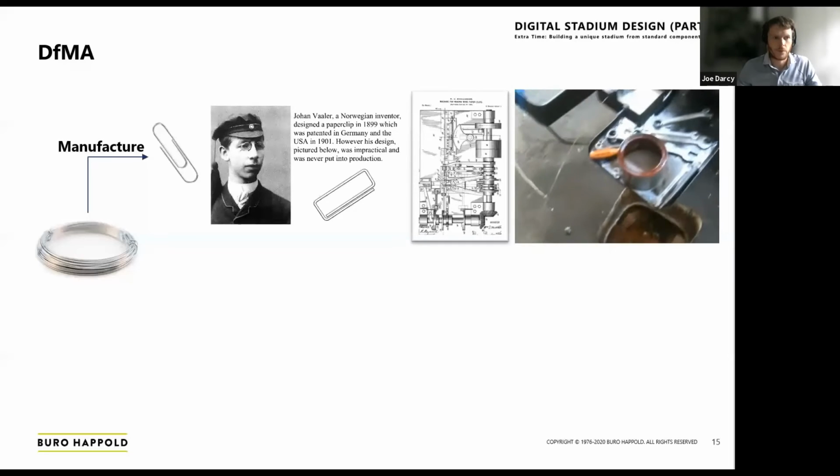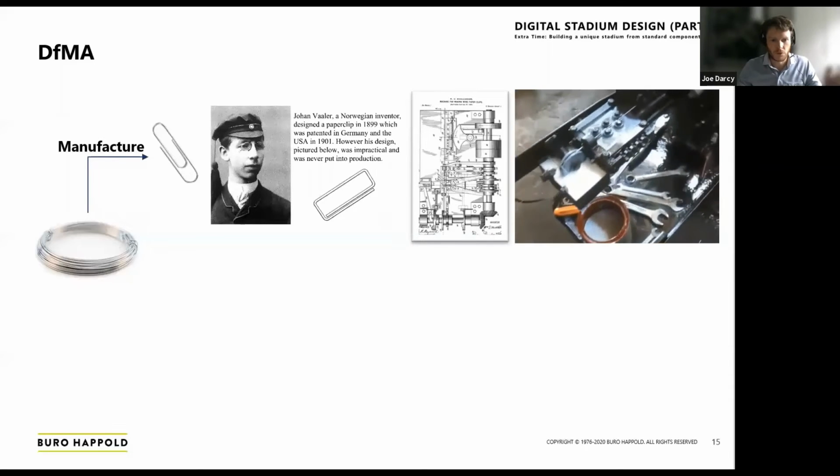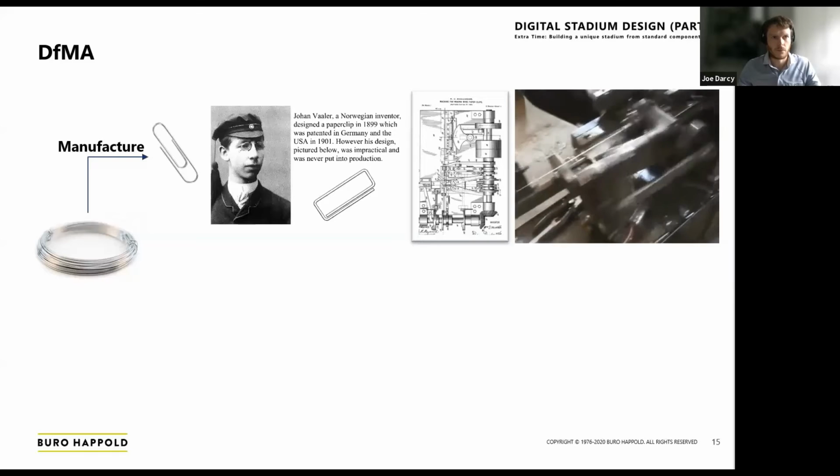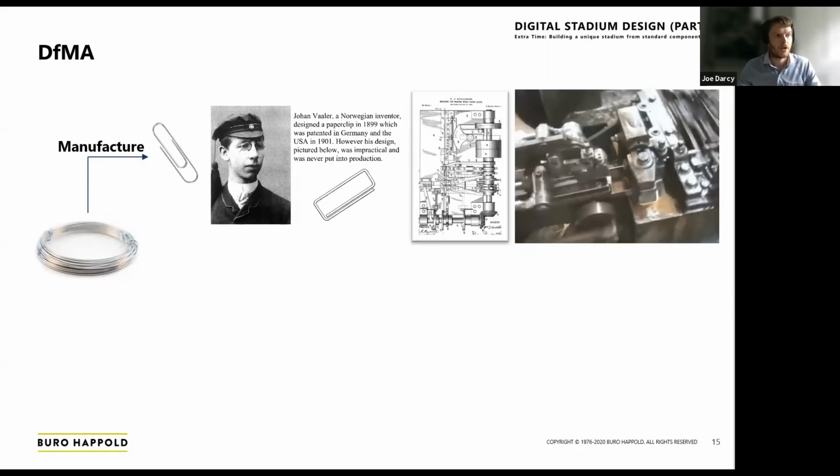So if we take an example of a thin steel wire product that we're wanting to produce in order to join pieces of paper together. If you consider it from a manufacturing point of view, you might end up with a paperclip. The paperclip itself was invented at the turn of the 19th to 20th century.